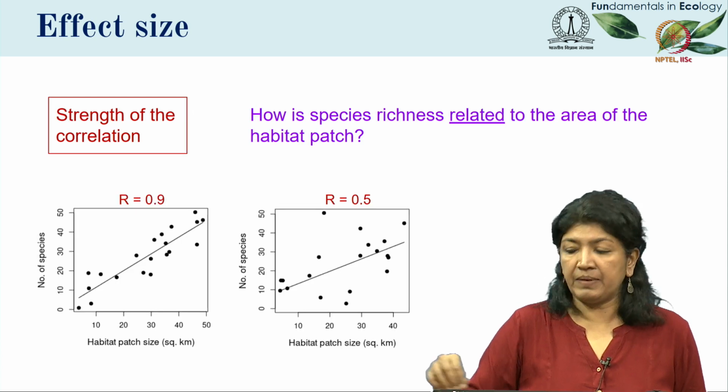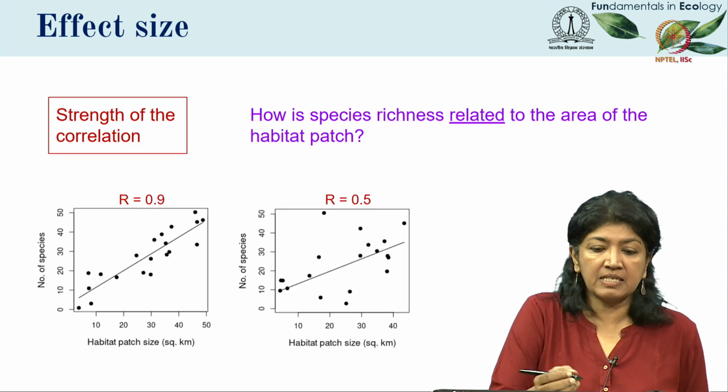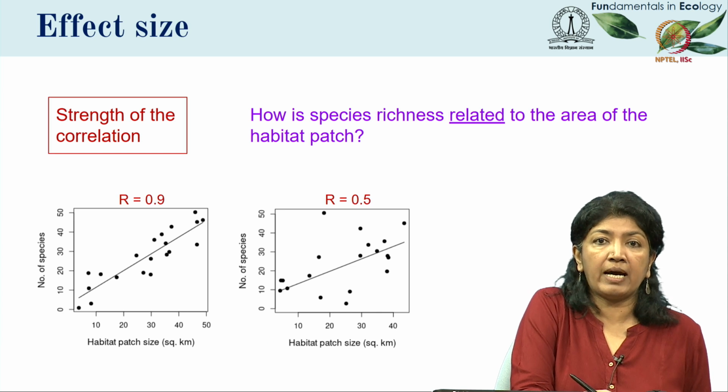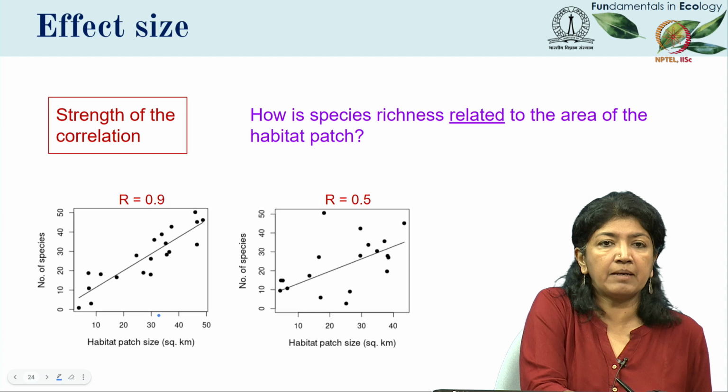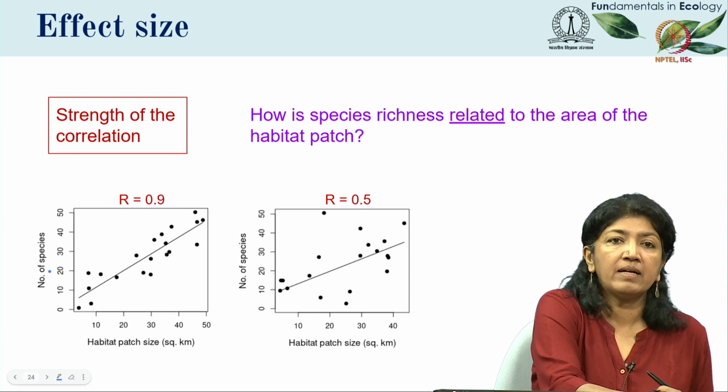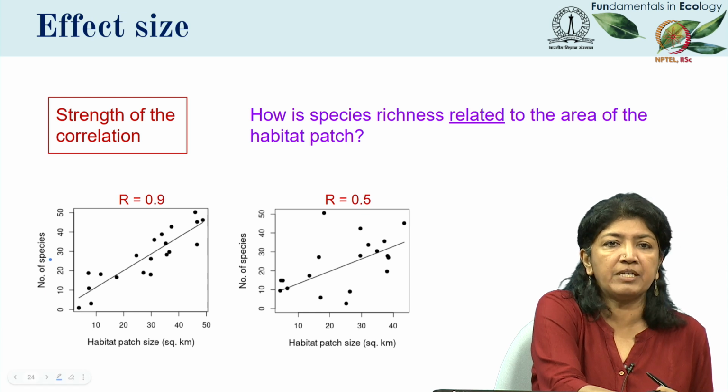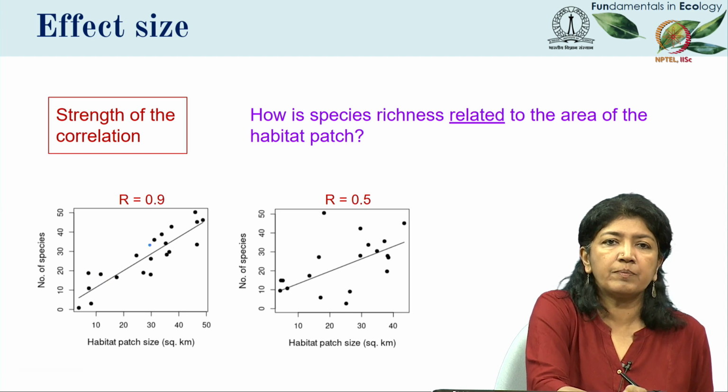Let us take this example again of how species richness is now related to the area of the habitat patch on a more continuous scale. That is, on the x axis now, take the image on the left. On the x axis we have habitat patch size measured in square kilometers, and on the y axis we have the number of species, that is species richness. So, the plot on the left shows you a case where species richness is quite highly correlated with habitat patch size.